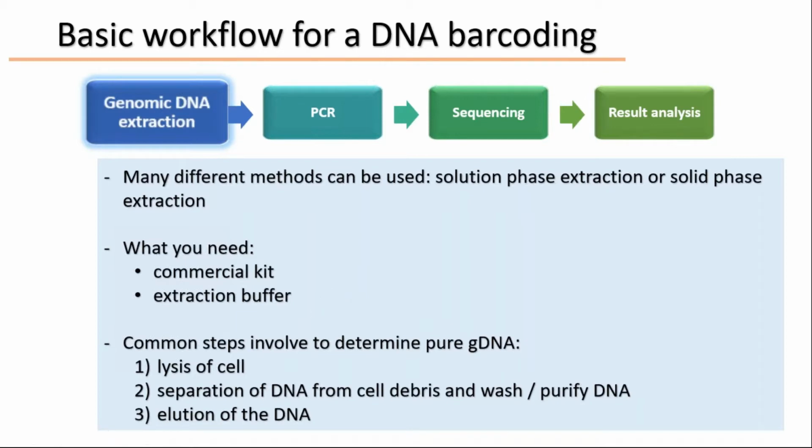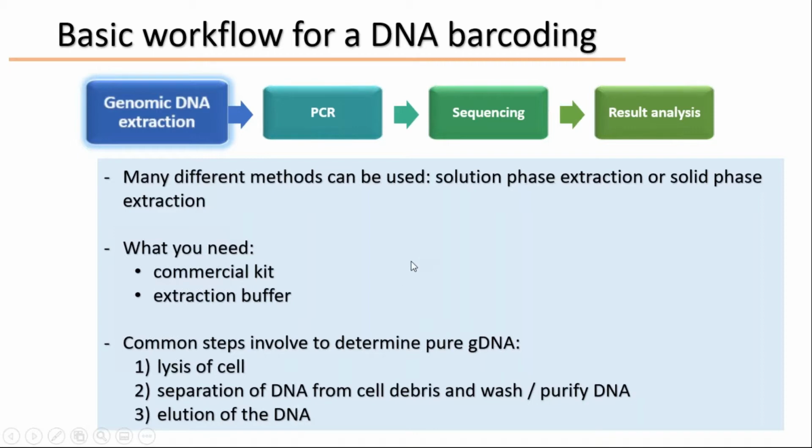Usually there are 3 steps: lysis of the cell to get the components inside the cell, then separate the DNA from the cell debris, and then wash or purify the DNA. After that, lastly, we elute the DNA so that you obtain clean and pure gDNA.